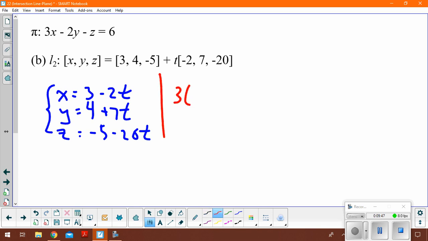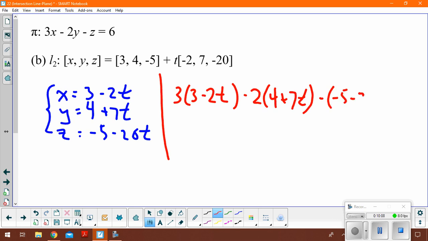So 3 times 3 minus 2t, minus 2 plus 7t, minus negative 5 minus 20t is supposed to be equal to 6.